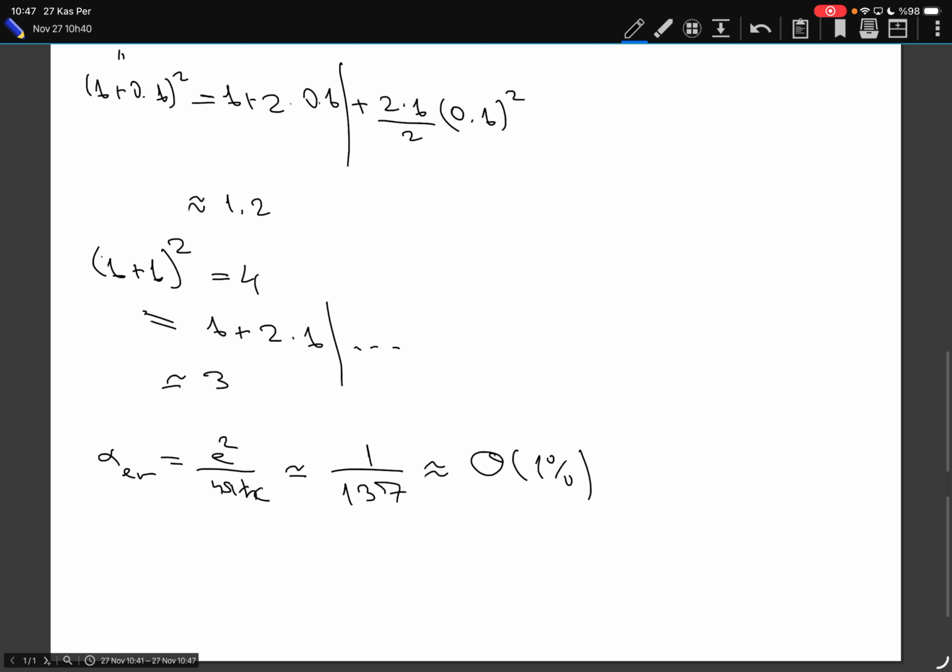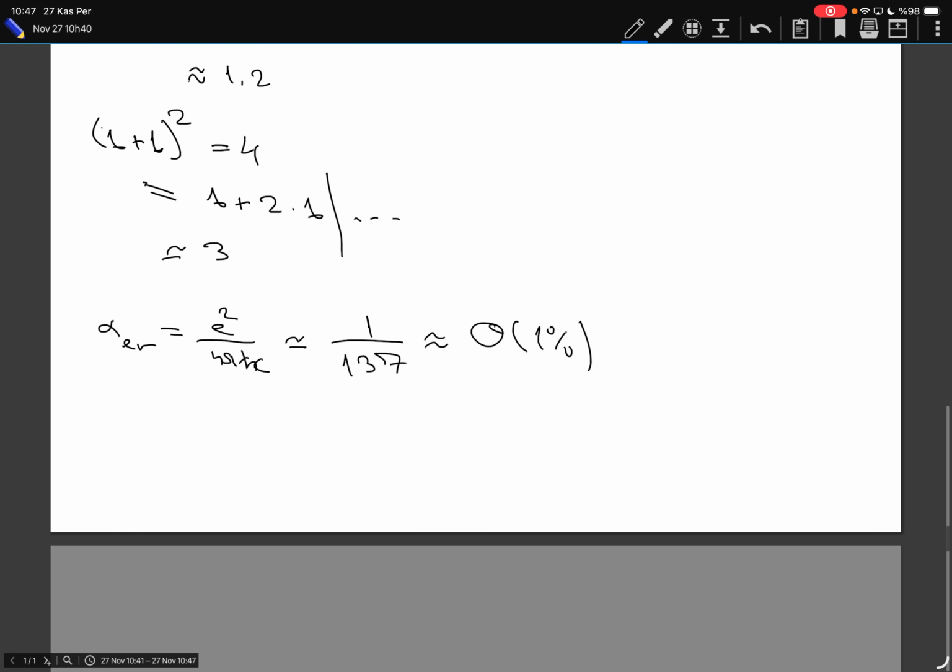So if you take the square of it, it will be 10 to the power minus 4. If you take the cube, it will be 10 to the power minus 6. So higher orders in this electromagnetic fine structure constant will give you a very, very small number. So you can safely ignore them after calculating the first or second non-trivial correction. The rest will be really very, very small. They will change the digits at the far end.